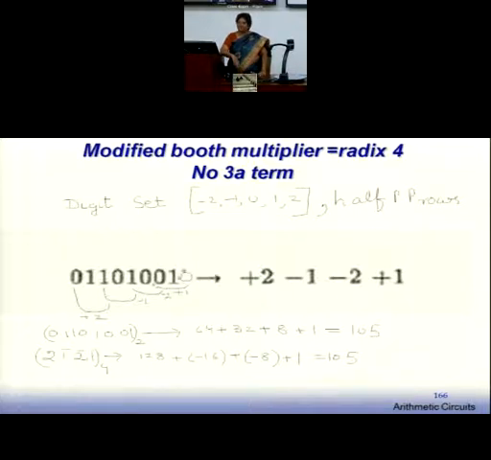Not only am I changing the digit set, I am also bringing in the redundancy. So my digit set now changes to -2, -1, 0, 1 and 2. 5 digits. For radix 4, you require only 4 digits, but now my digit set has 5 digits, so it is a redundant digit set, but radix 4.